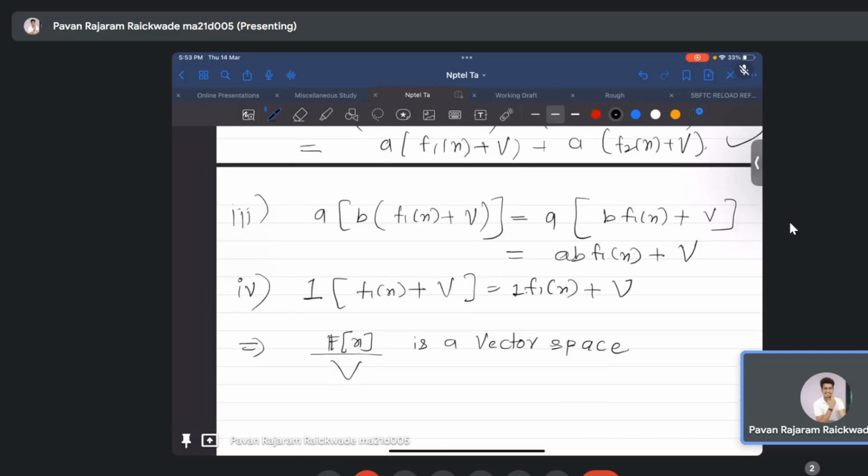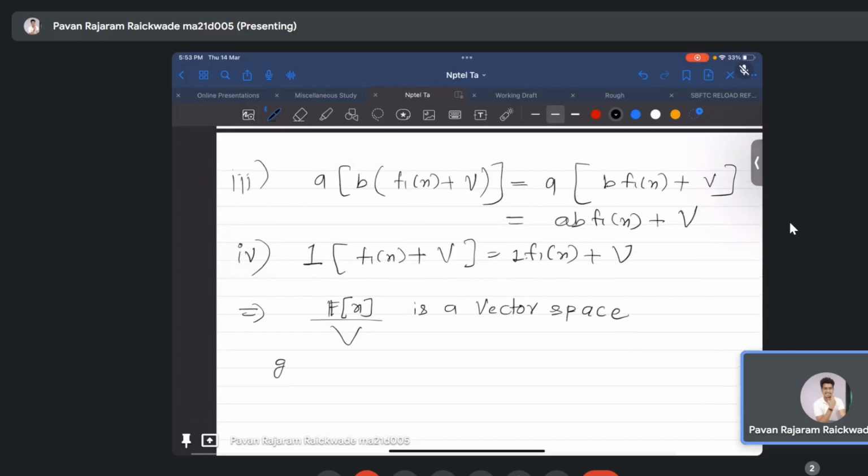Okay. Now suppose you have the element g(x). Suppose the degree of g(x) is n.